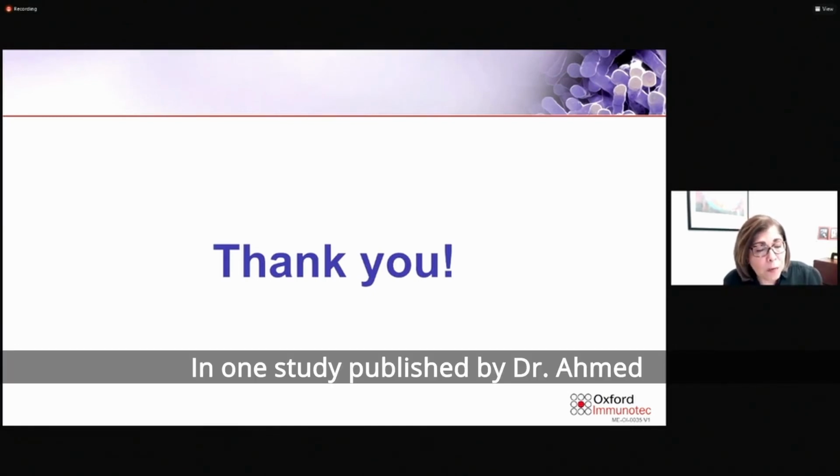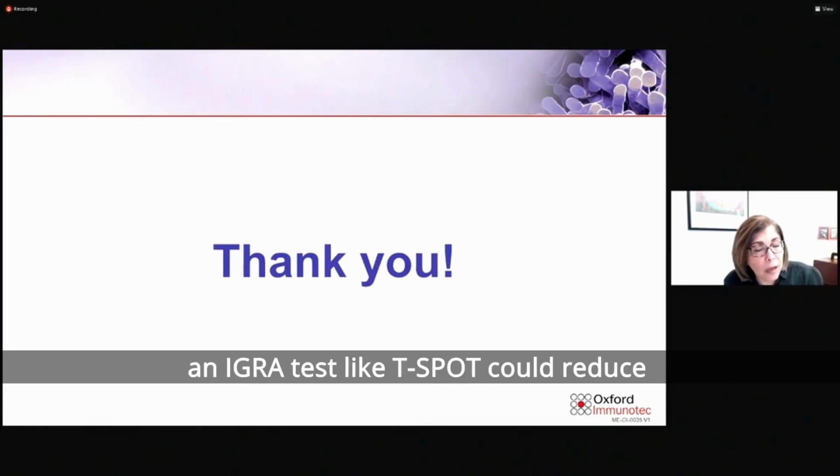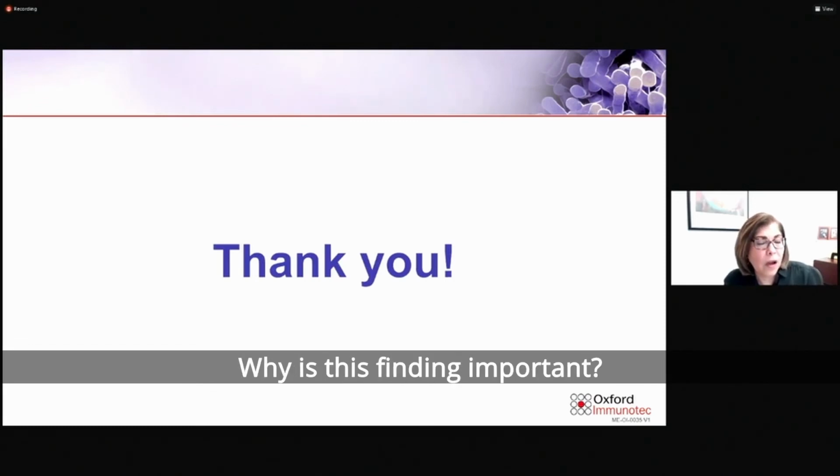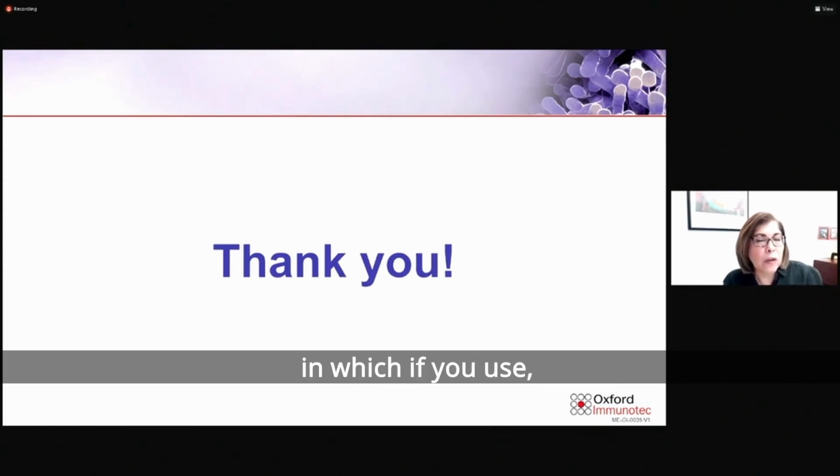In one study published by Dr. Ahmed and colleagues in Pediatrics just recently, they showed that changing from TST to an IGRA test like T-spot could reduce unnecessary tests and treatments for up to 2/3 of non-US born children. Why is this finding important? Again, it's similar to the data that I just showed you from the study done by the CDC, in which if you use TST, 90% of the positives are false positives in kids younger than 5 years of age that are immigrants.